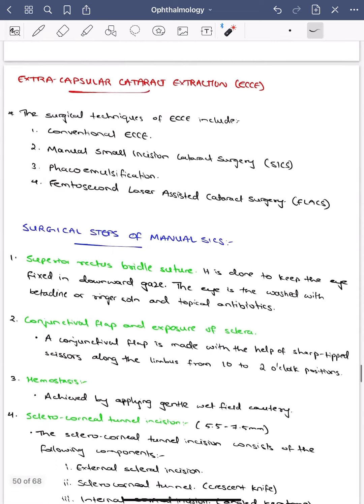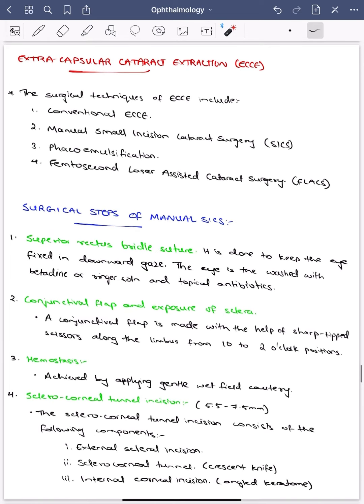Now, the extracapsular cataract extraction is a commonly asked short essay or short note. Now, the surgical techniques of ECCE include conventional ECCE, manual small incision cataract surgery, also known as SICS, the third is phacoemulsification, which is the most common mode of treatment, and the fourth is femtosecond laser assisted cataract surgery or FLACS.